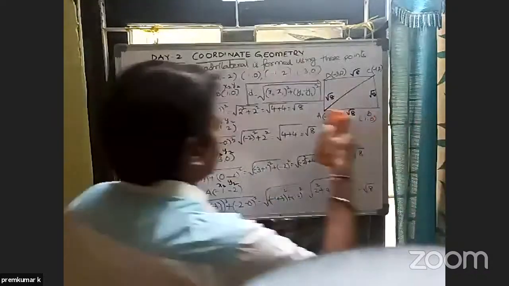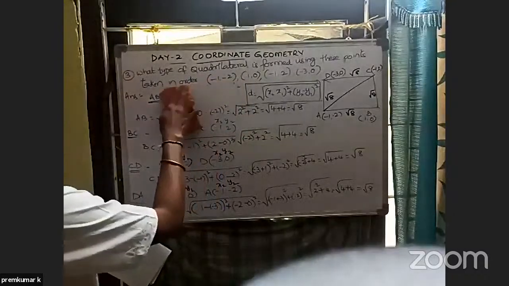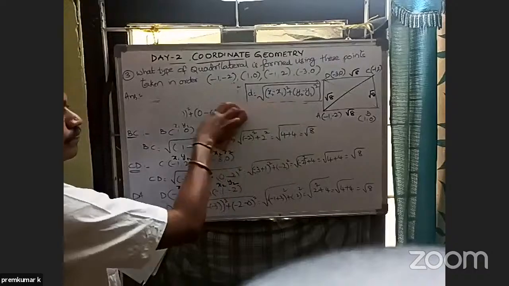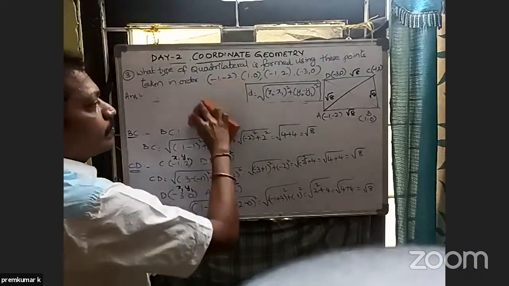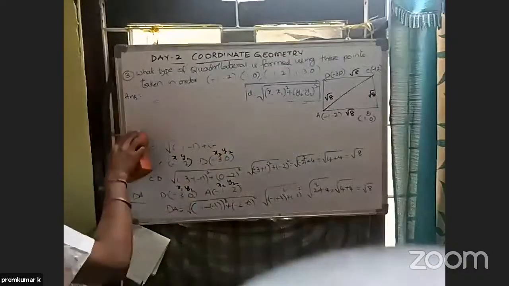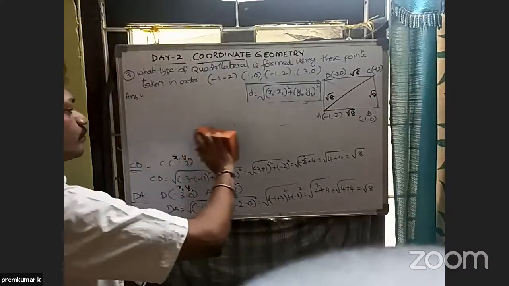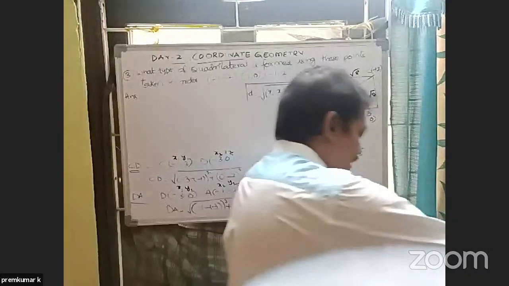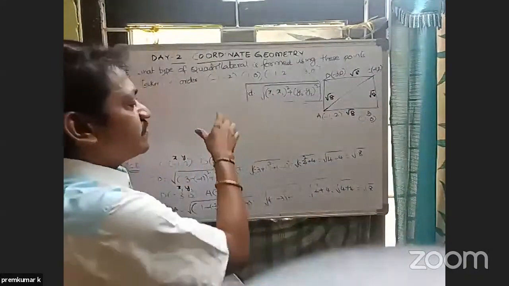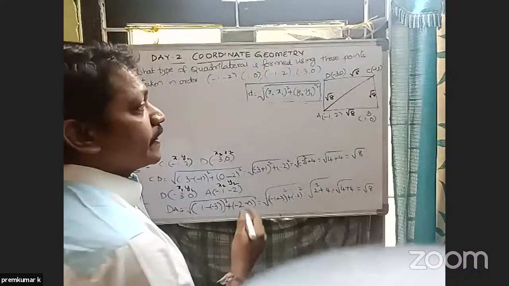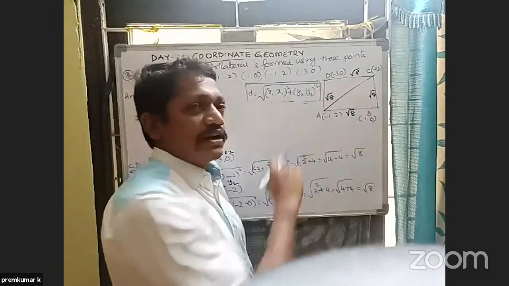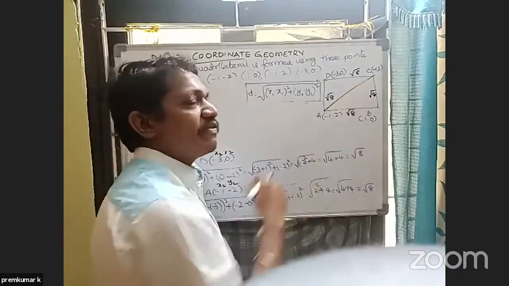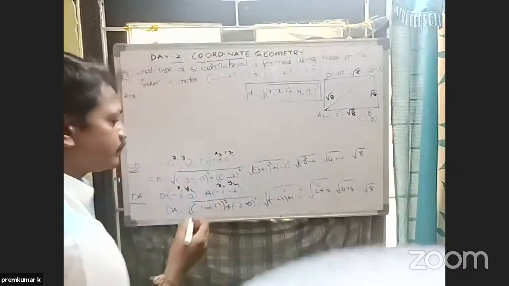Now I'm removing this one. Okay, children, I hope you can write this in your notebook. Now up to this, we completed the distance of these four sides. Now we are finding the distance of the diagonals, AC.